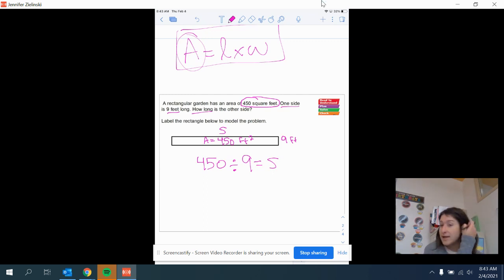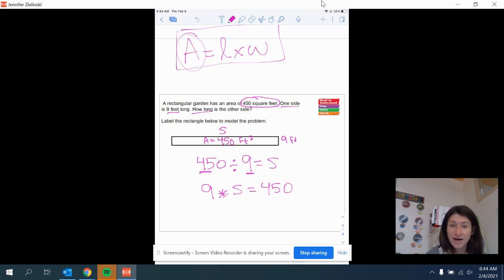I could also write it as multiplication. I could think about doing 9 times S equals 450. These are two different ways that you can write your equation. Either one would work and you would get the same answer. So thinking about our knowledge of basic facts, or of our division facts, I have my 45 and I have my 9.